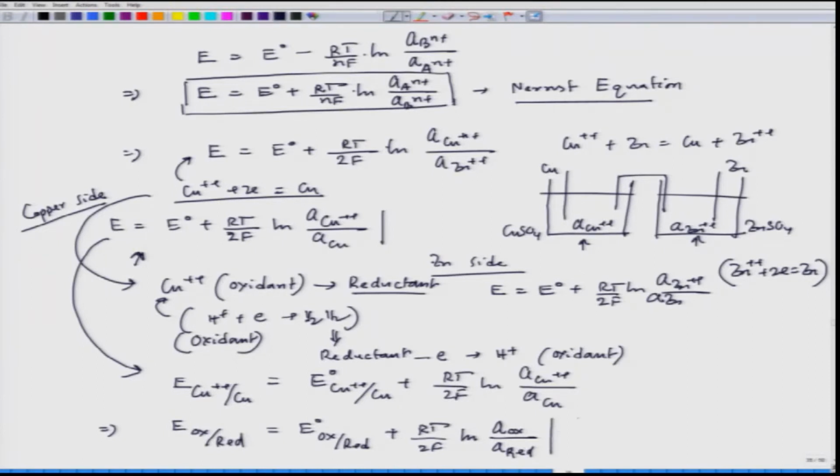Now, instead of this, I can also replace this with concentration of ox and concentration of red if I see that the solution is dilute. So, in case of dilute solution, activity becomes concentration, because at that time the activity coefficient goes to 1 in case of dilute solution.